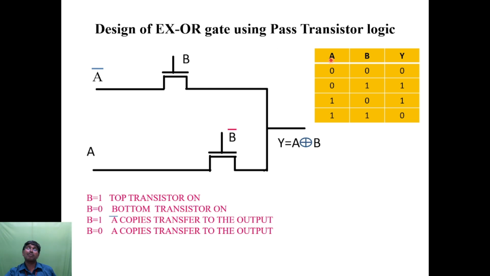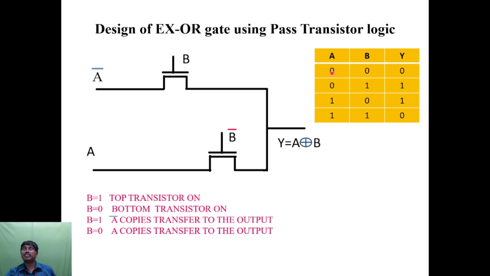We are familiar with the XOR gate truth table. When A and B are different, the output will be high. See here, A is equal to 0 and B is equal to 1, output will be high. What about here? A is equal to 1, B is equal to 0, output will be high. So in these two cases the output will be high.